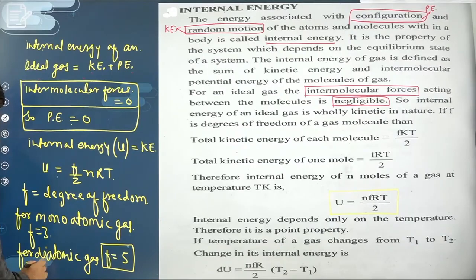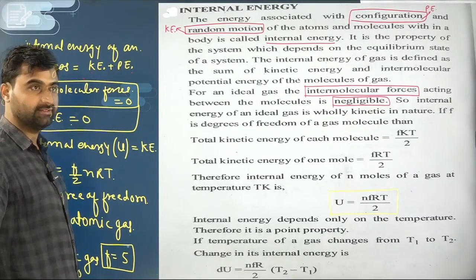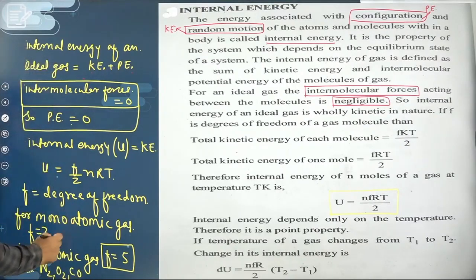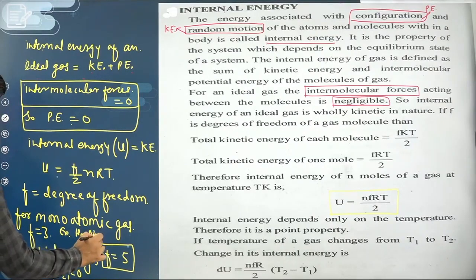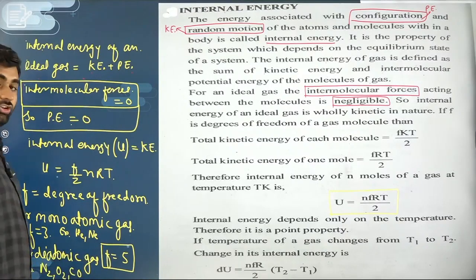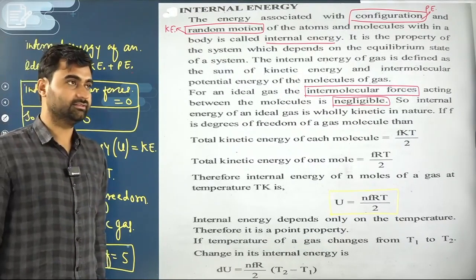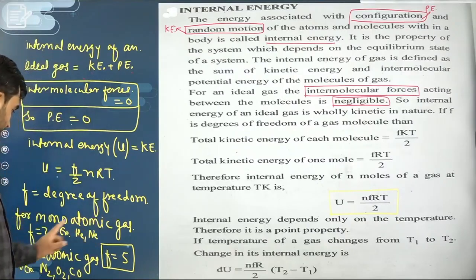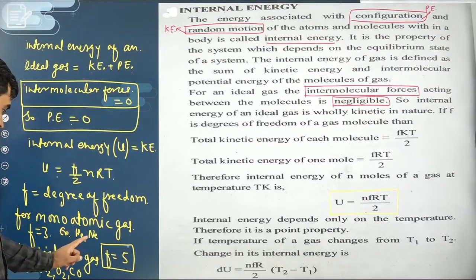Examples: N2, O2, carbon monoxide, these are examples of diatomic gas. And for monoatomic gas, examples are helium, neon, argon, all these are monoatomic gases. Clear? So for monoatomic gas, F equals 3, examples helium and neon.